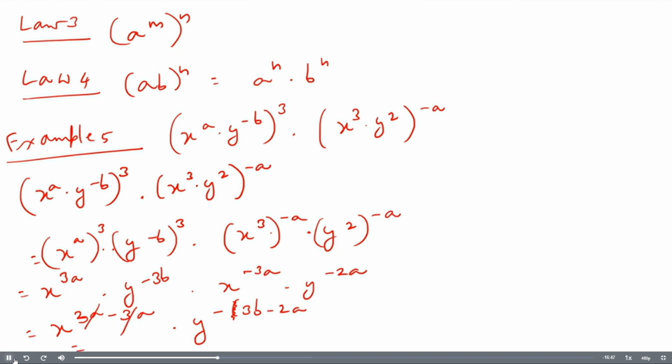This and this will get cancelled. x to the power 0 into y to the power minus 3b minus 2a. This is 1 into 1 by y to the power 2a plus 3b. We are taking the reciprocal of this number to change the symbol of the power. So the final answer is 1 by y to the power 2a plus 3b.